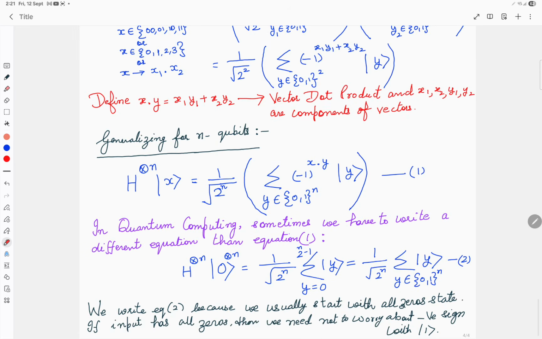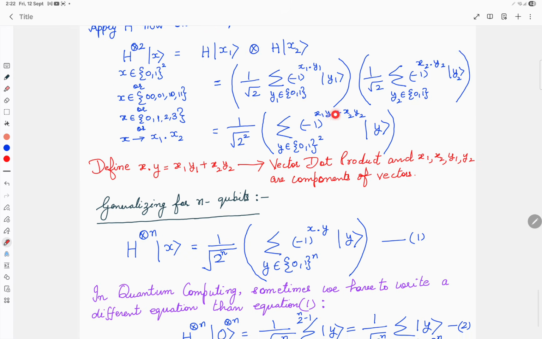Now your ket x is basically an n qubit quantum state, and we apply H superscript tensor n. That means we are applying Hadamard on an n qubit system, and we have to generalize and expand this expression. Note the coefficient value, it is 1 over root 2 squared.